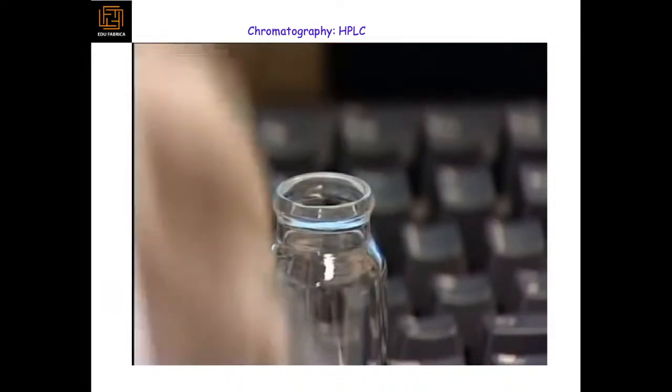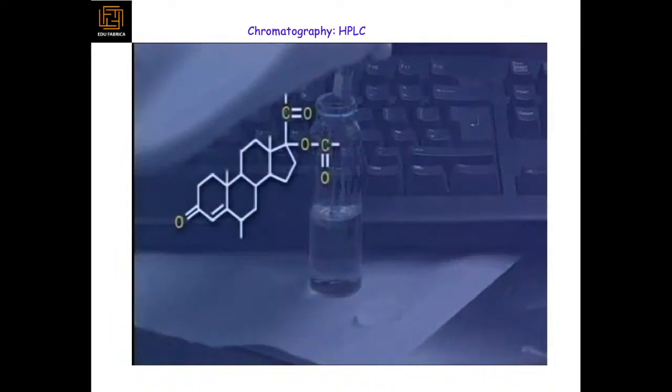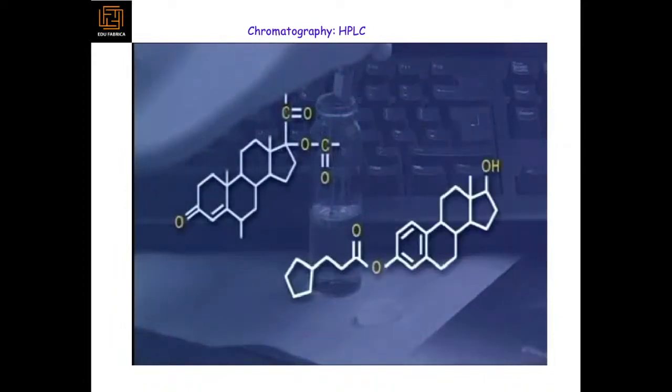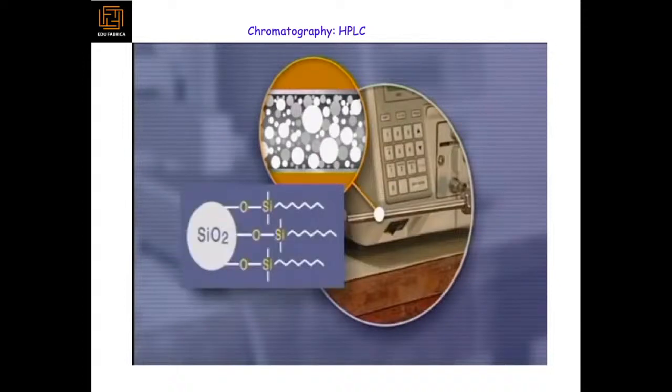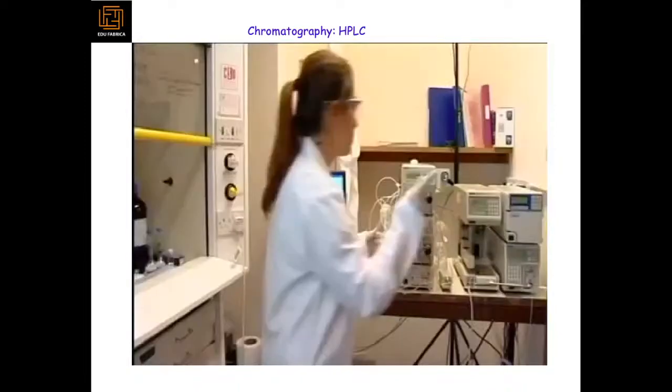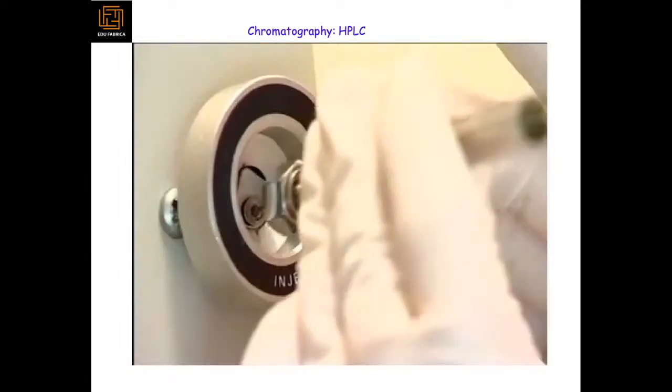Here, the HPLC instrument is being used to separate a mixture of two steroids used in a pharmaceutical preparation. The column chosen is packed with a nonpolar solid. The tails of the molecules represent hydrocarbon chains C8H17. Having chosen the solvents, detector wavelength and flow rate, a single sample is run by injecting about 20 microliters into the injection port.